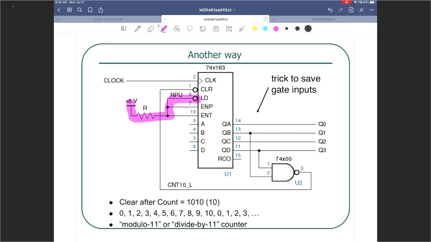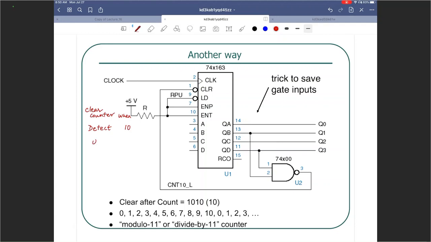I'm only using clear here. So what am I doing? I detect 10. When I detect 10, I clear the counter, right? Clear counter when you detect 10. So how do you detect 10?